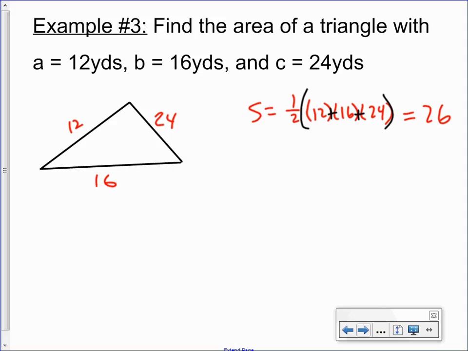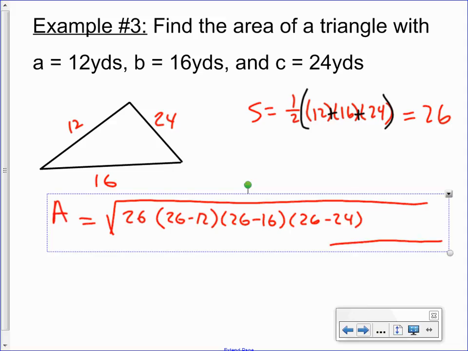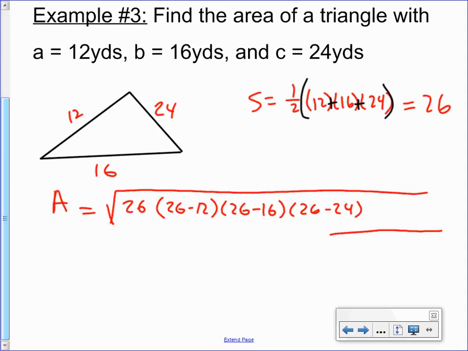Okay, so the area is equal to the square root of 26 times, going in order of height, 26 minus 12, 26 minus 16, and 26 minus 24.